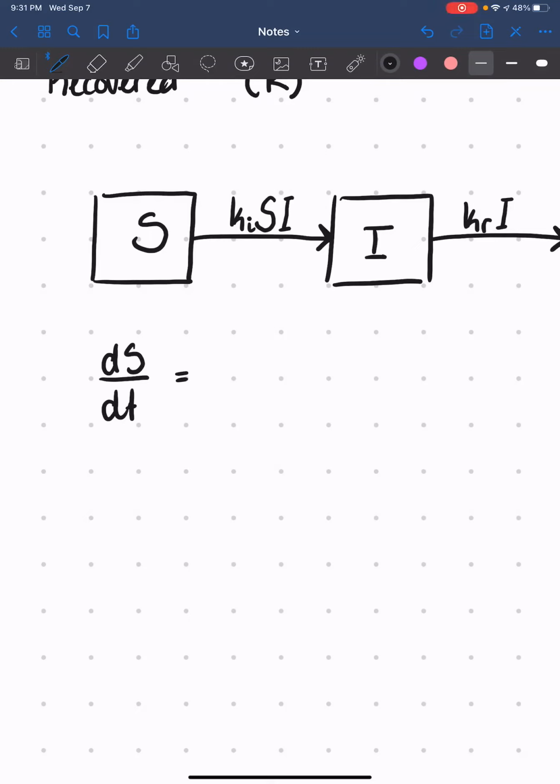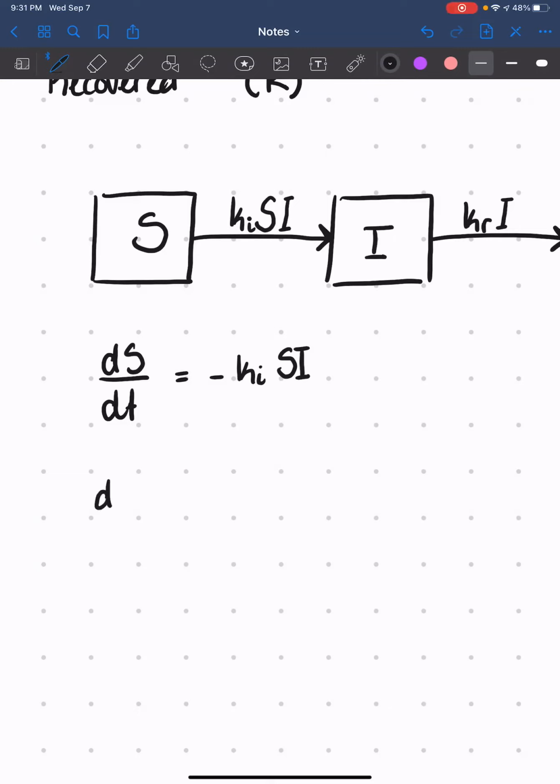So this only has one arrow coming from it, and it is leaving. So people are leaving the susceptible group and going to infected at a rate Ki times S times I. So our equation for dS/dt is just negative Ki S I.